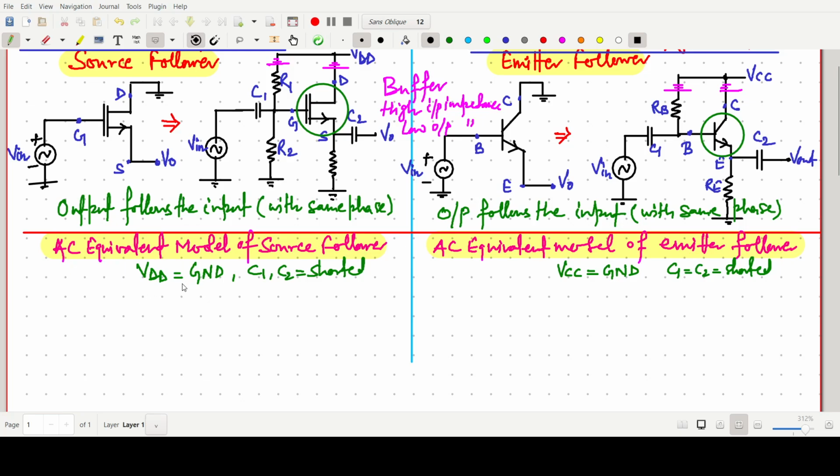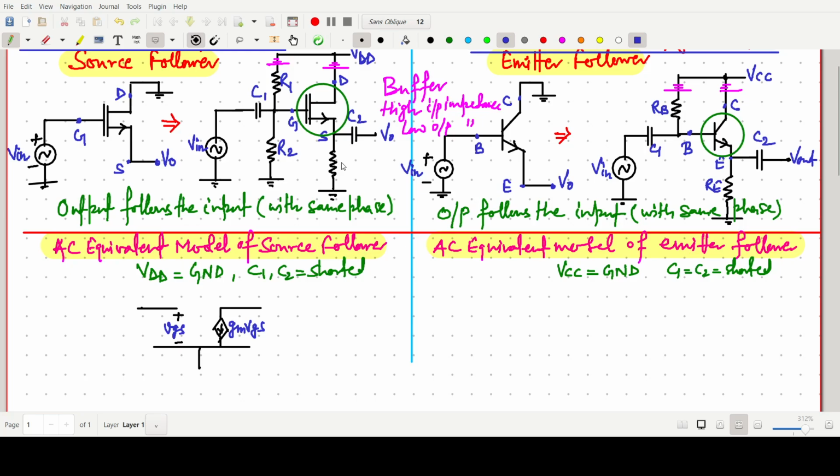So this MOSFET equivalent model is somehow, this is our plus minus VGS. This was a very fundamental thing. Basically this one is our VGS and this should be our gmVGS for this transistor.